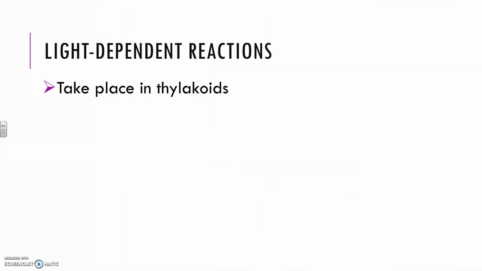The light-dependent reactions actually take place in the thylakoid. This is where that thylakoid membrane comes into play, because a lot of this is taking place across that membrane. There's a lot that gets pushed into the membrane, and there's also some significance to what gets passed through the membrane.